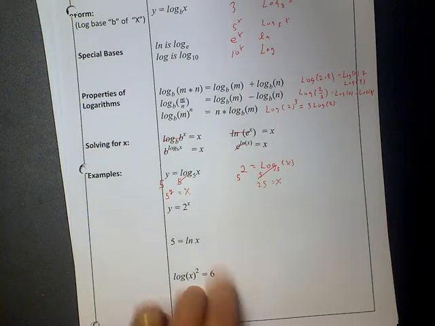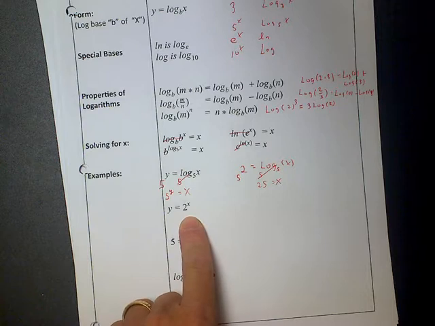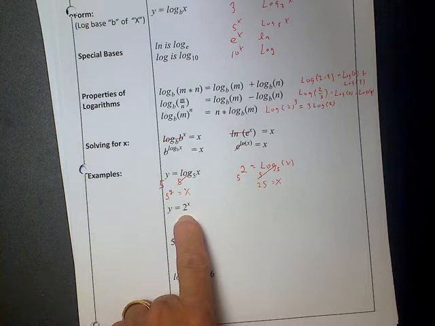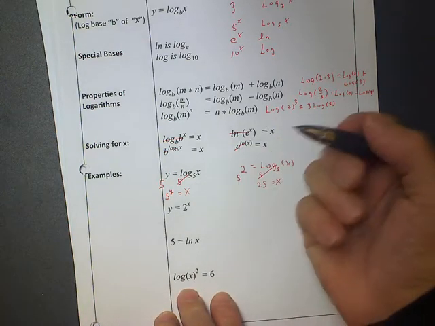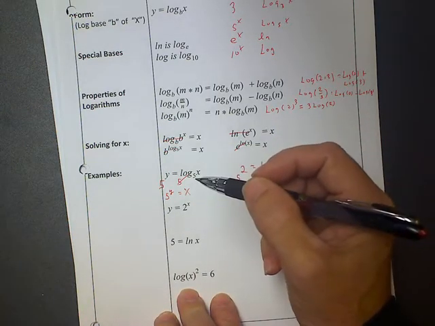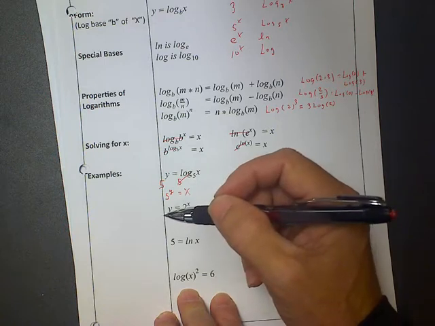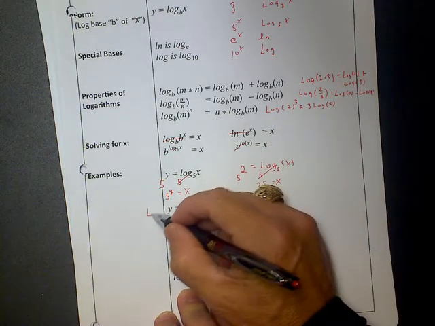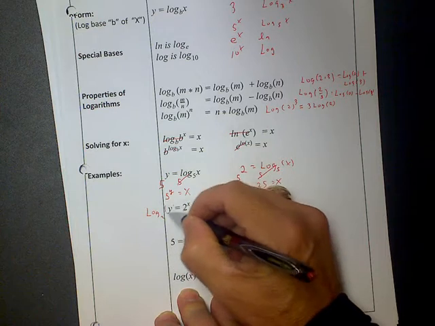Alright. Same thing here if I want to solve for x. What is the inverse of exponent base 2? Not natural log, but log base 2. Log base 2 of y.